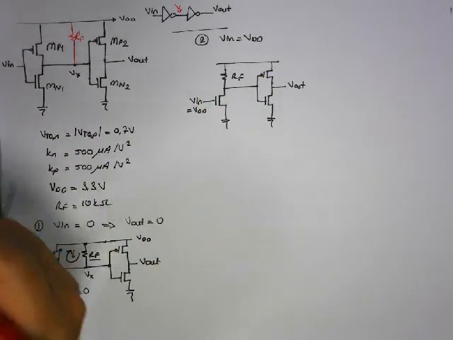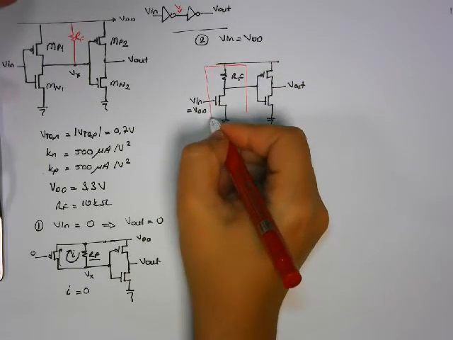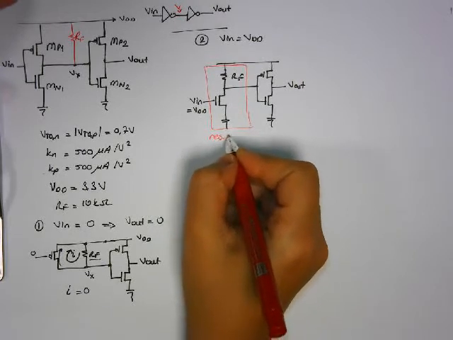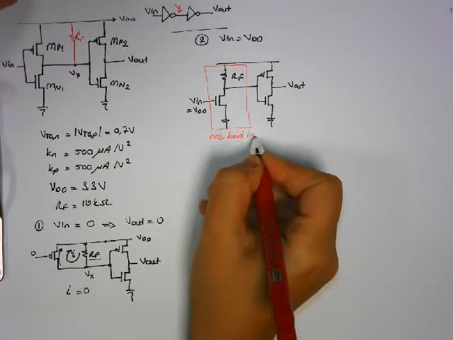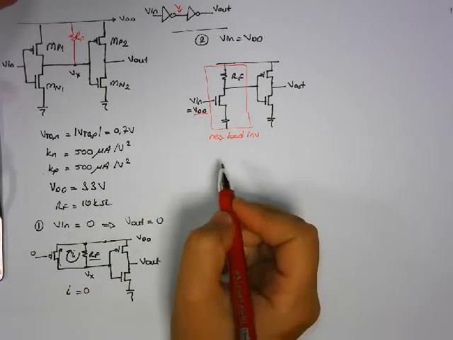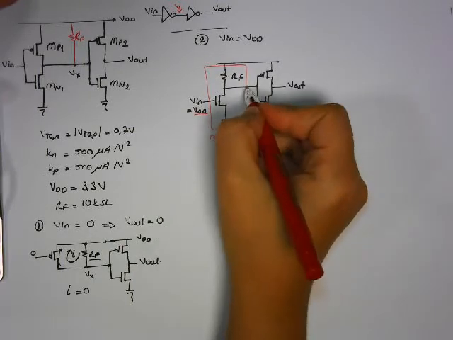As you can see, we have a familiar structure here. We have a resistor load inverter with an input VDD. So what happens when the input of a resistor load inverter is high?